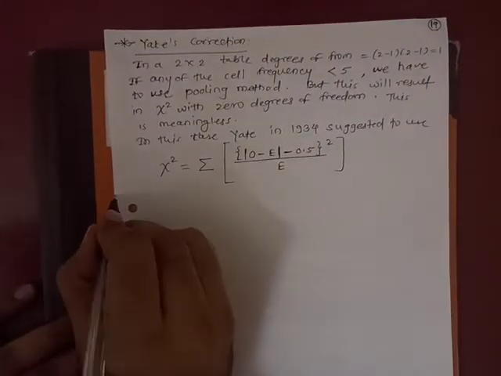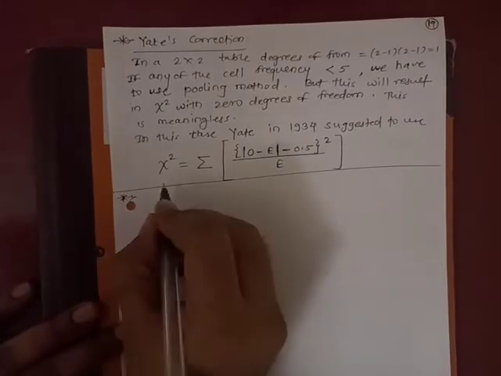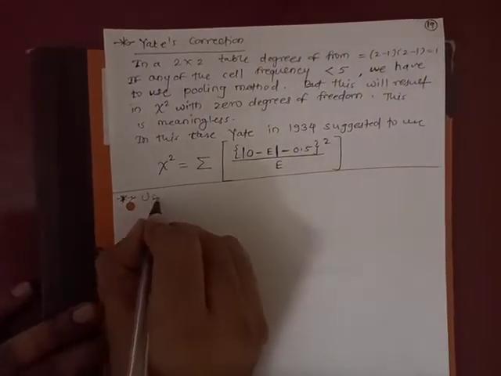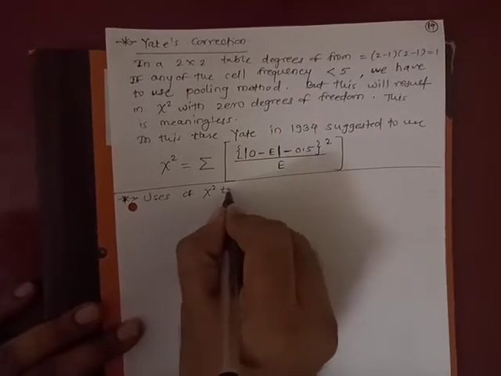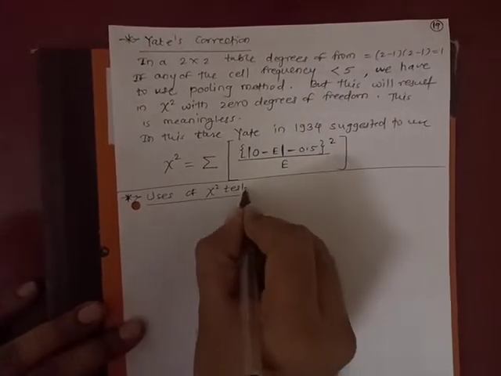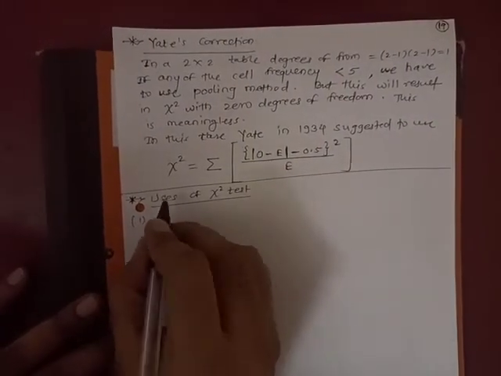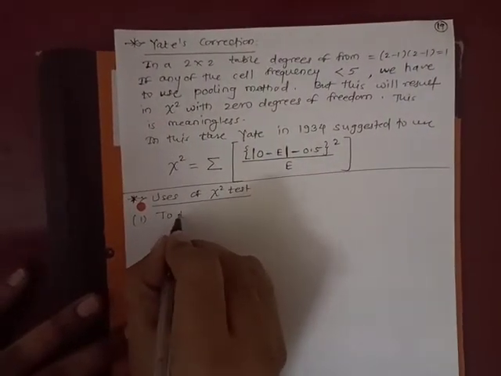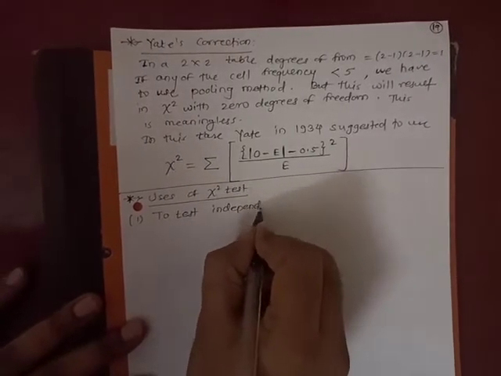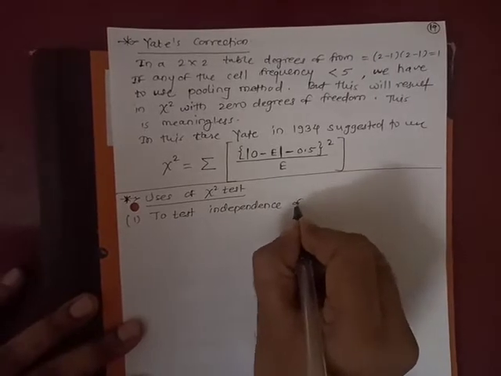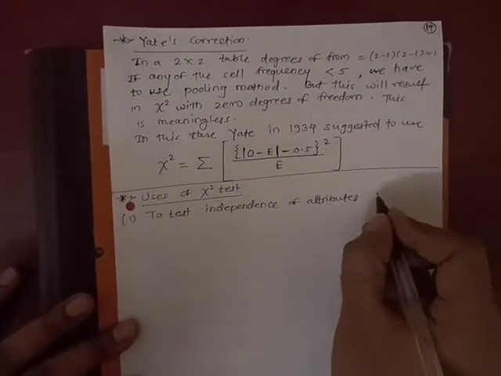Next concept is uses of chi-square test. Where we use chi-square test. First, to test independence of attributes, right?